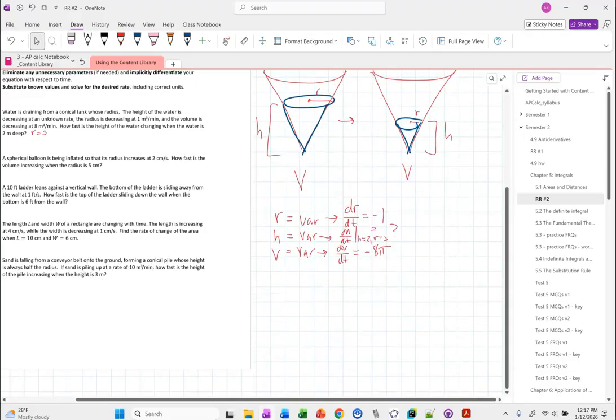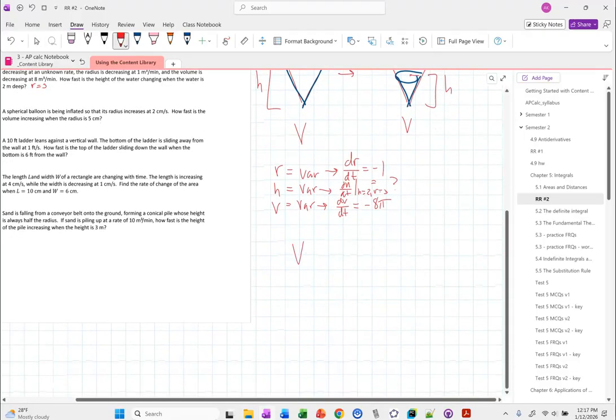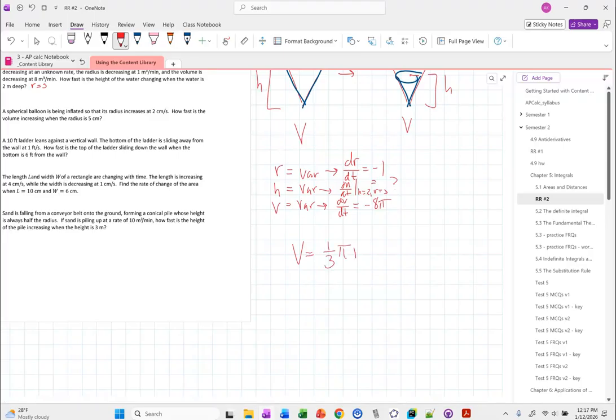Okay. So I'll write an equation that links my variables or my parameters together. So probably the volume of a cone is the equation that I want. So just differentiate both sides.